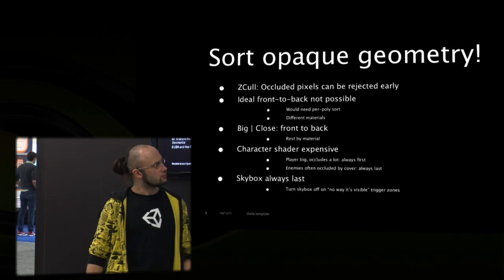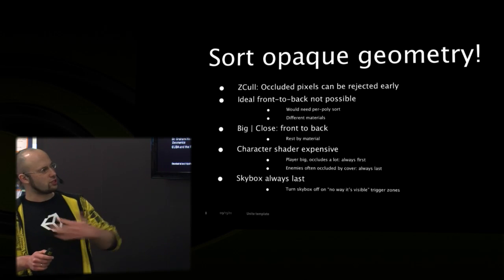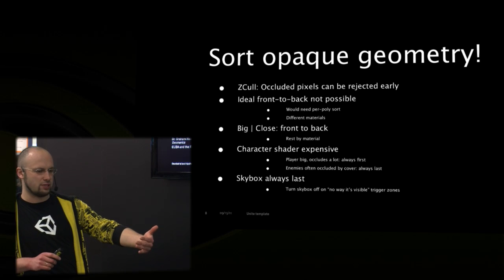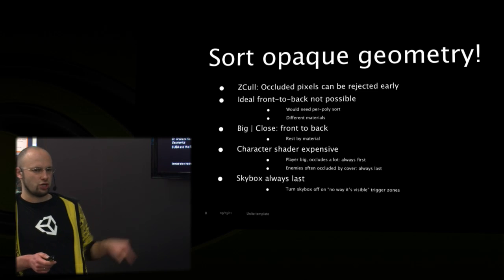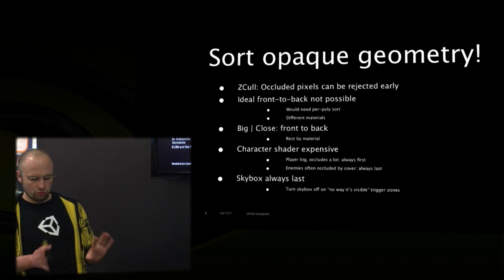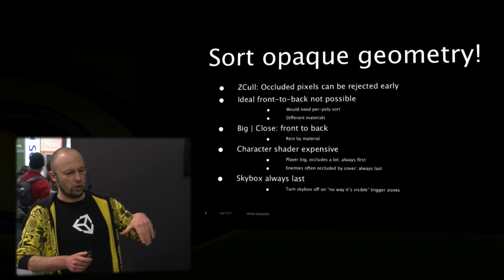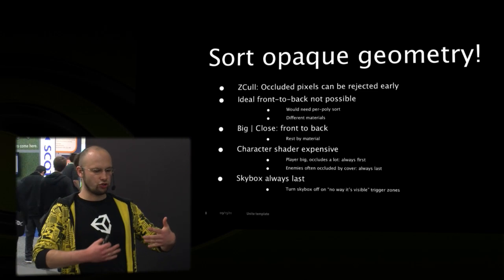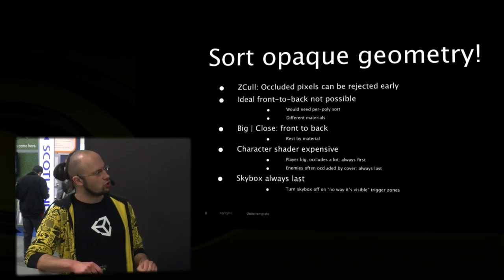It's a little bit of a balance, because if you just sort the geometry from front to back, at the same time you get quite a lot of shader changes and state changes. So we try to balance here, and we sort in so-called buckets. We take our geometry in the first 10 meters, and that's one bucket.